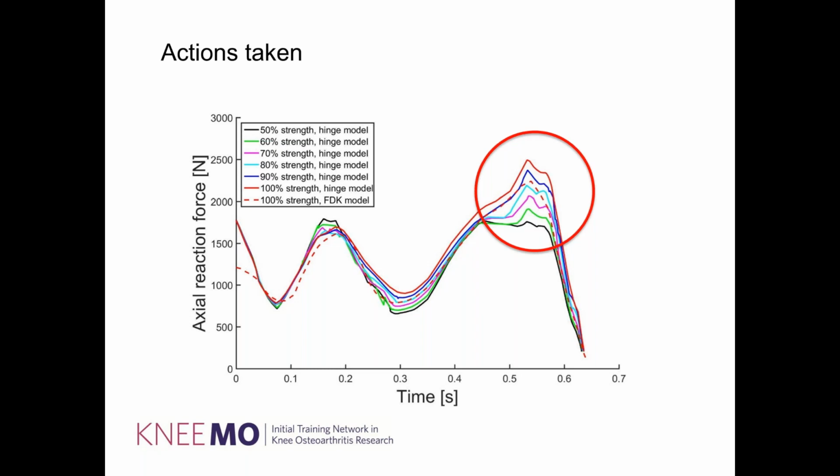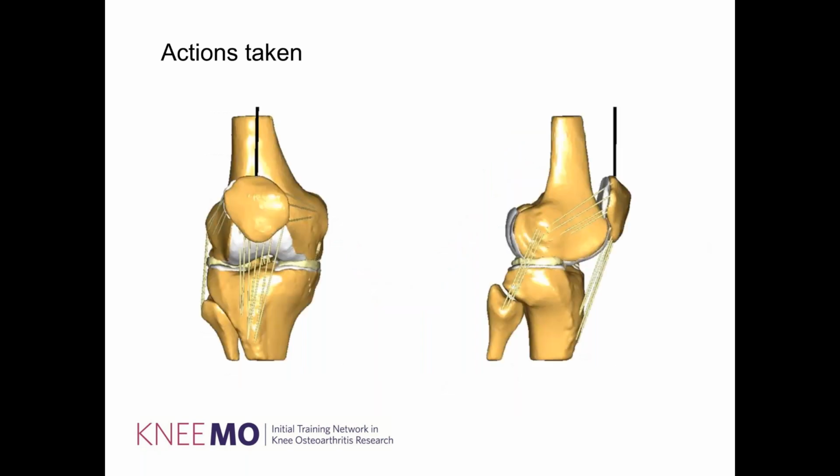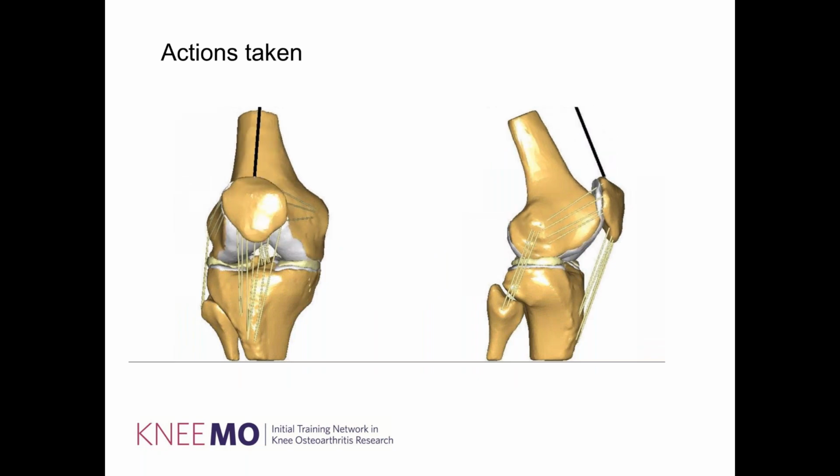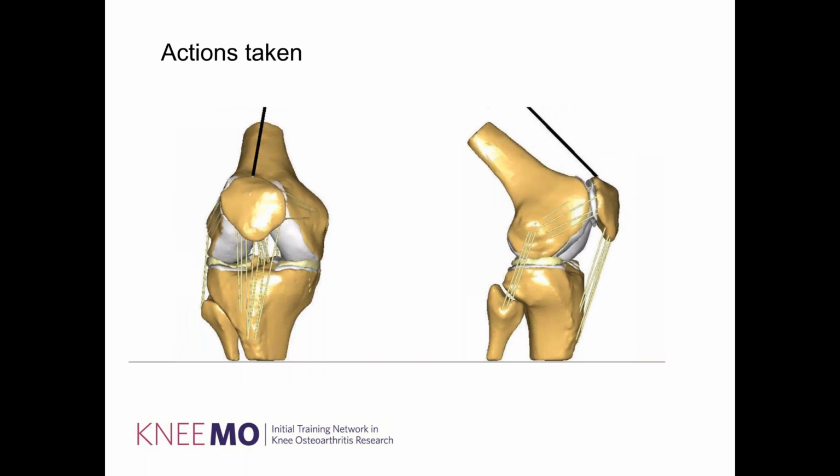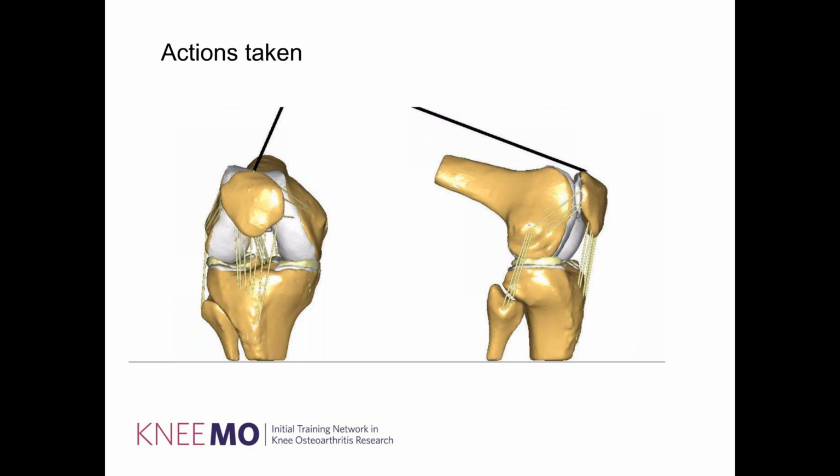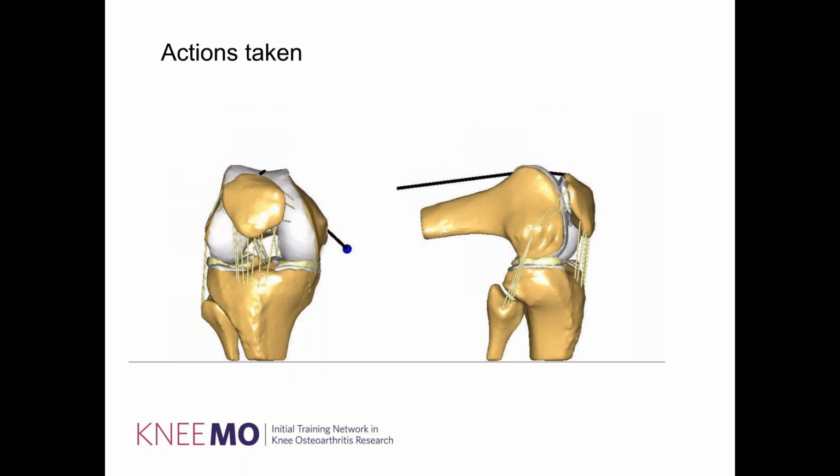Here I want to highlight that the FDK model with the healthy subject with full strength is somewhere around this area, so we already expected higher axial reaction forces there. Just to remind you, this is the complex knee model that we ended up using. Looks pretty good.